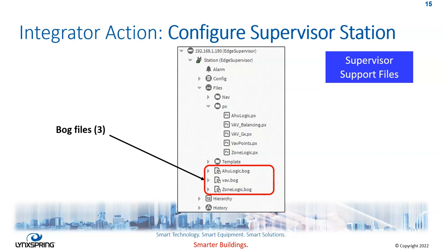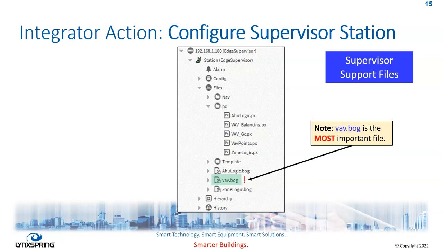So the AHU logic BOG is copied to the supervisor after the initial AHU and RTU level configuration. The zone logic is then copied to the supervisor station after the initial zone level configuration. Then the VAV BOG file, which is actually the most important of those files.